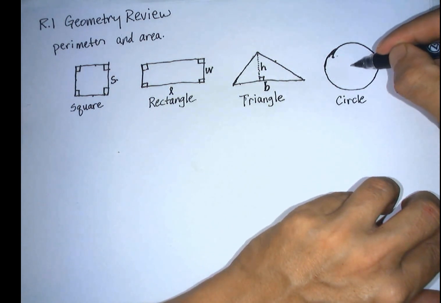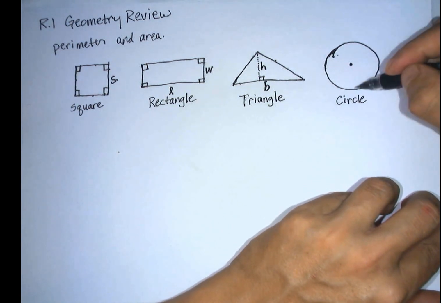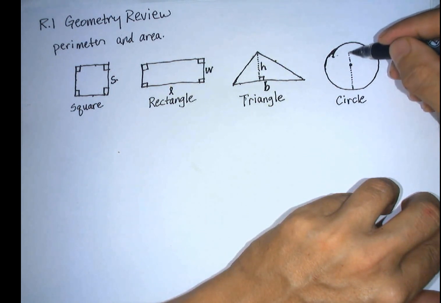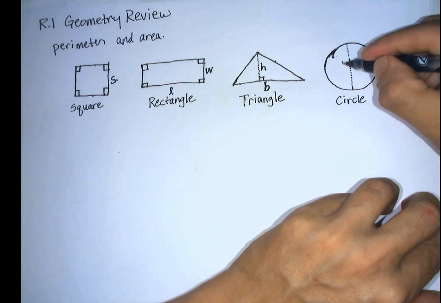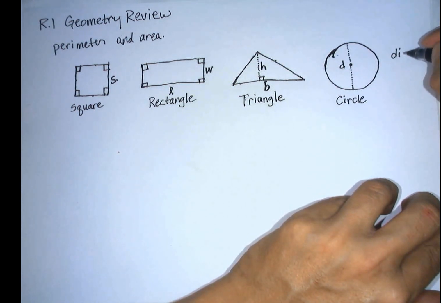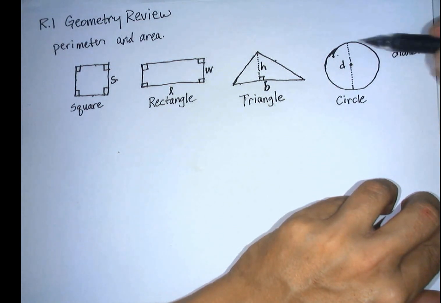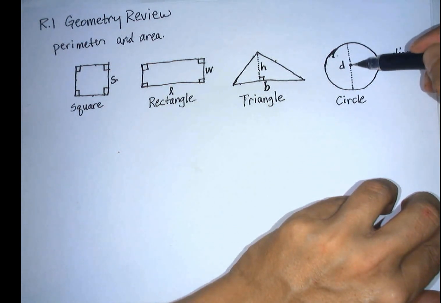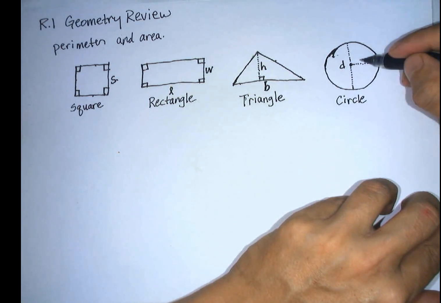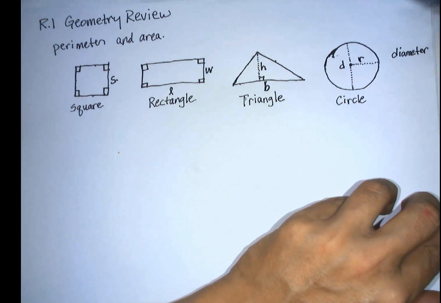And this is the center of the circle. And any line that goes through the center of the circle from side to side is called the diameter. So D is the diameter. And if it starts at the center and extends to the outer edge of the circle, which is half the diameter, it's referred to as the radius.